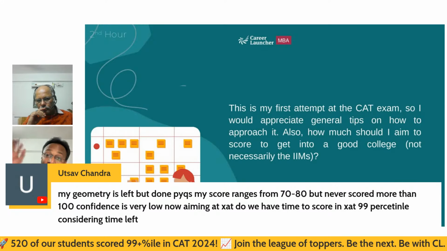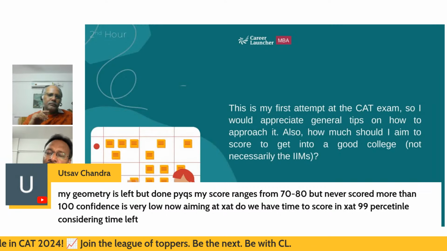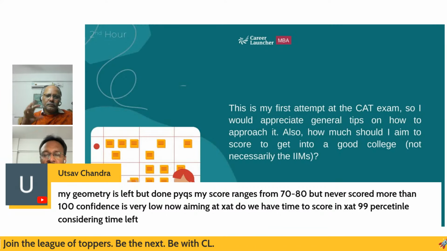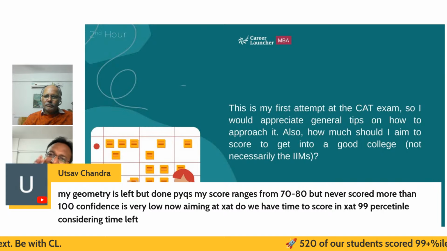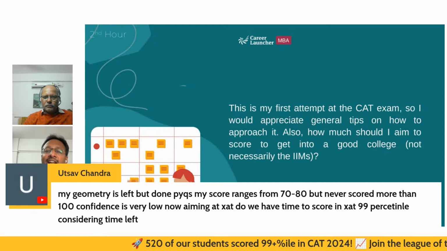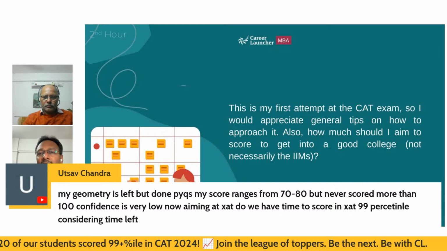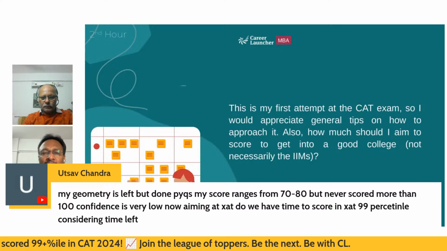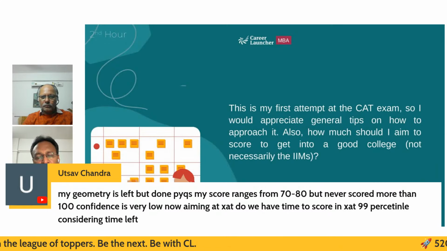I'm not saying how many you will attempt, but at least how you will go about leaving questions so that you go to the next question and maximize your attempts. I think if you can do this, since it is your first attempt, you can actually crack it, because you will probably be going in with lesser expectations. If you're basically good, you will get far better scores, according to me.